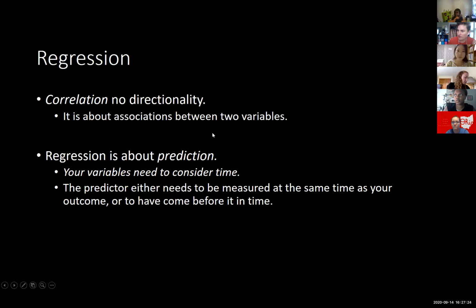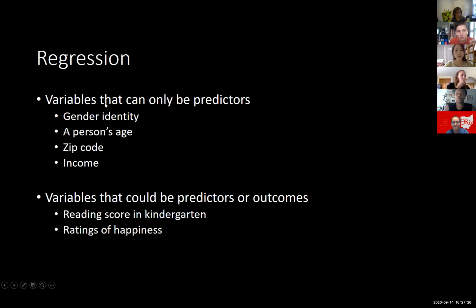So I think I have more about this. Here are some variables that can only be predictors: a person's gender identity, a person's age, a person's zip code, and a person's income. When we're thinking about things like this, you can't predict how old somebody is because they just are how old they are already. Unless you have a very specific case where you really need to figure out how old a person is.